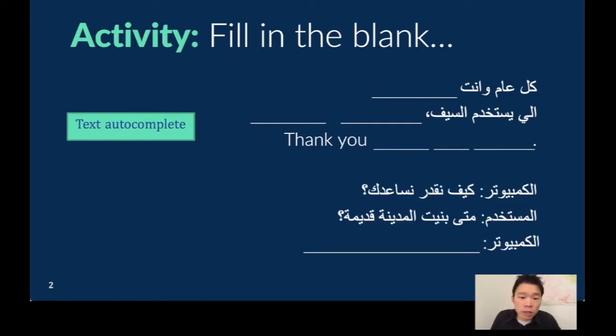But what about this kind of filling in the blank? The computer says, كيف نقدر نصدق, and then you respond, أنت, like when was the أنت بنيت المدينة قديمة, okay? And what does the computer respond to? How does it respond? It needs to respond with a lot of things, with knowledge about Medina Qadima and when it was built and all that kind of stuff.